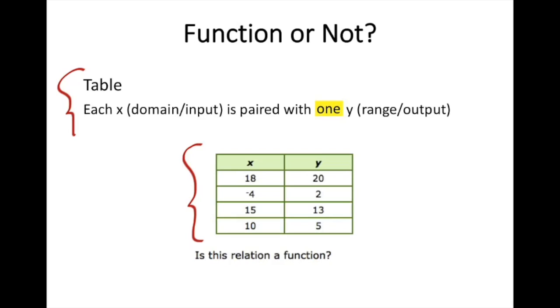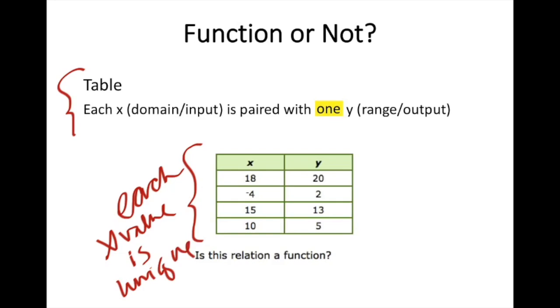Do we have unique domain values? I want you to determine, is this a function or not? Hopefully you saw that each x value is unique. So yes, this relation is a function because each of those x values are unique.